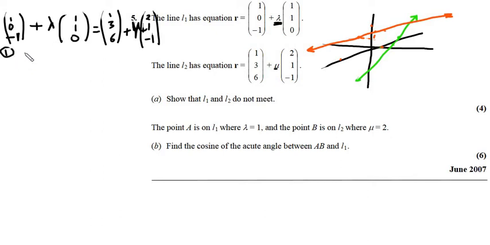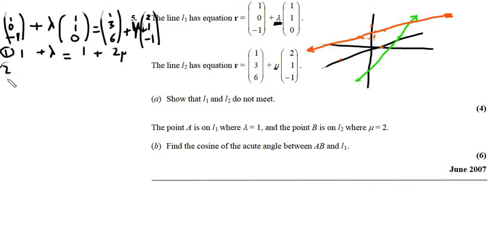Equation 1 is 1 plus lambda equals 1 plus 2 mu. So that's 1 plus 1 lambda equals 1 plus 2 mu.